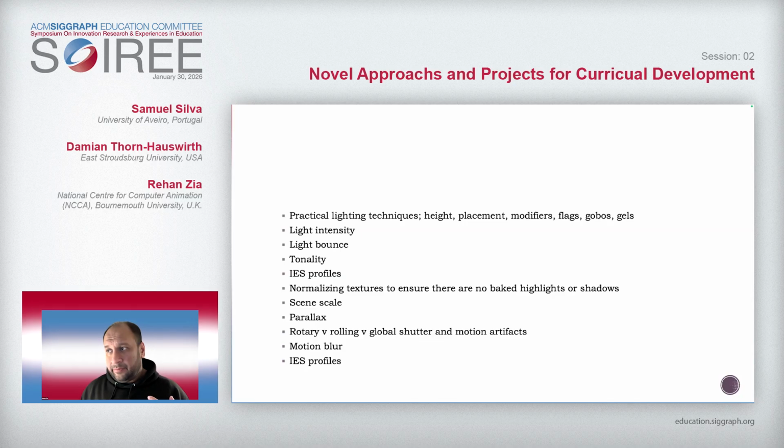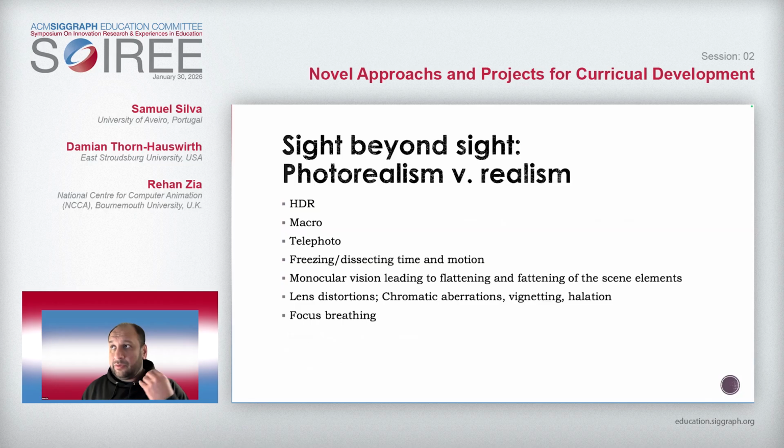Parallax, different types of photography and camera shutters, motion blur, but also looking at photorealism and realism, and looking at the kind of issues that the camera brings in with the lens and sensor artifacts.